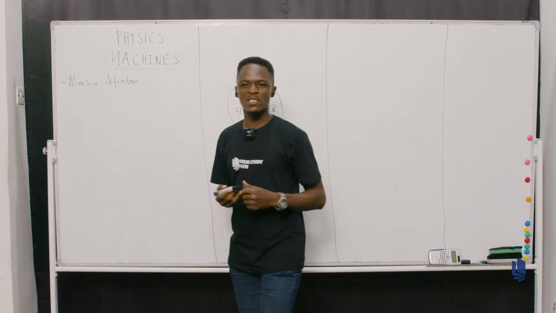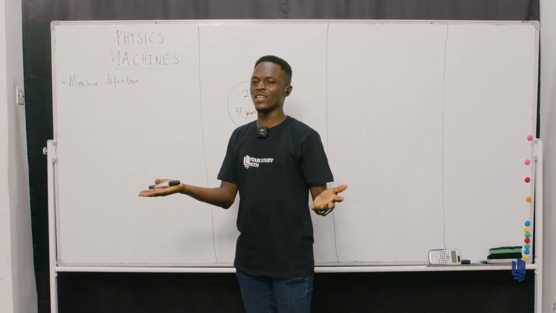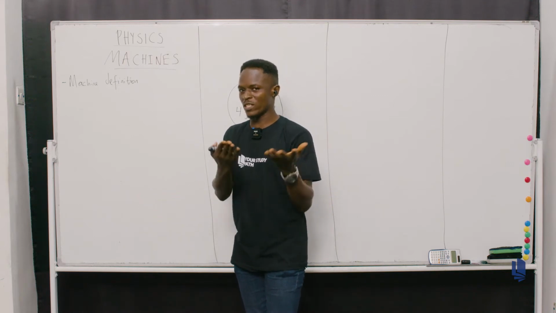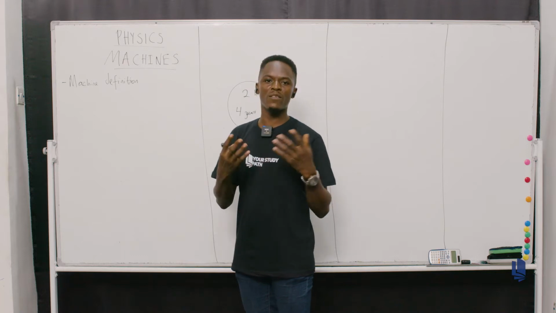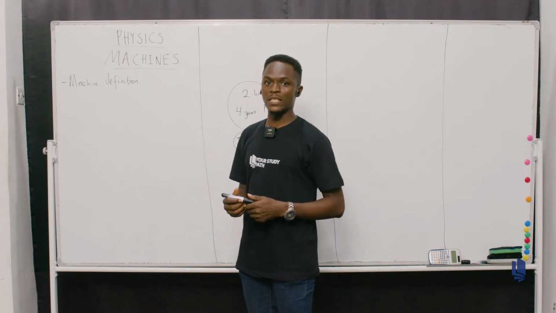The definition is important, though certainly JAMB as a body would not be asking you for it, but at least for a start, you should have an idea of what a machine is.